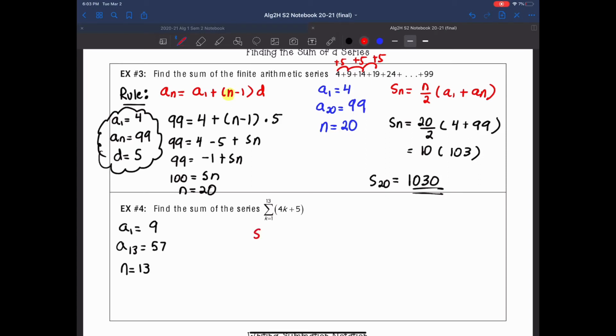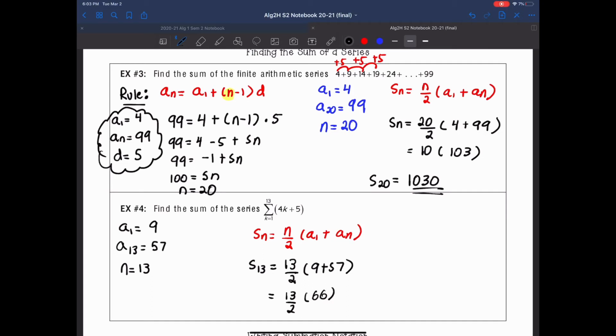We have s sub n is equal to n over 2 times a sub 1 plus a sub n. So let's plug it in. That means we have 13 terms, so s sub 13 is equal to n over 2, or 13 over 2, times a sub 1 plus a sub n, 9 plus 57. Let's simplify this a little bit. 13 over 2, we're going to keep that as a fraction. 9 plus 57, that's going to give me 66.